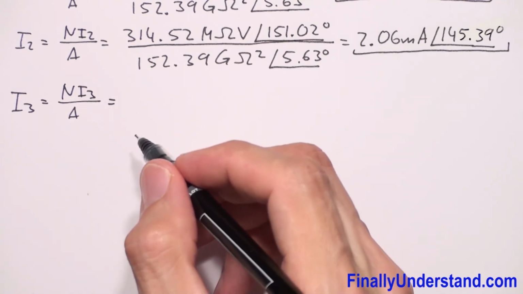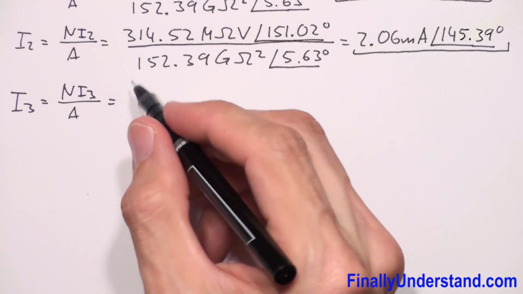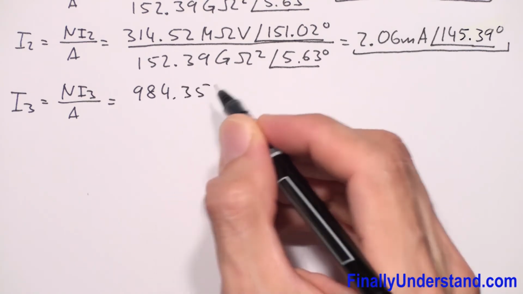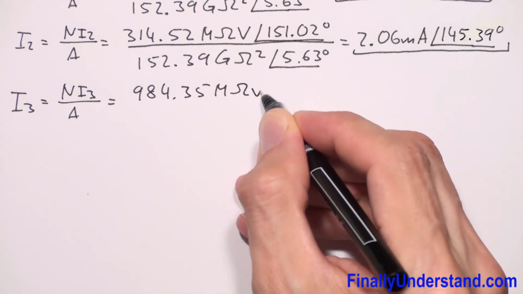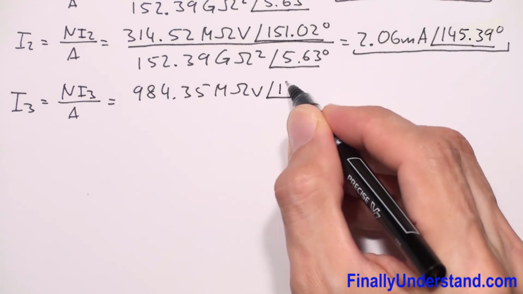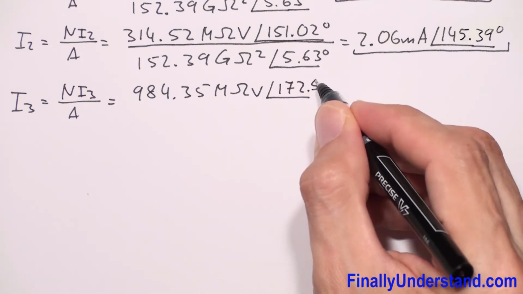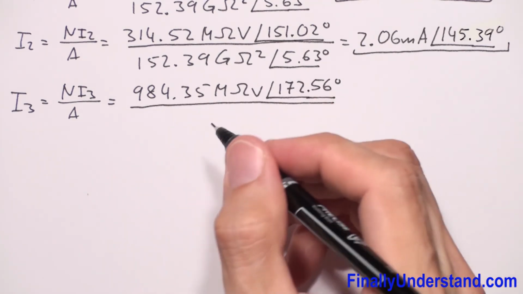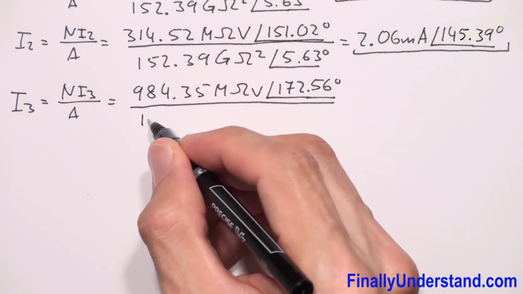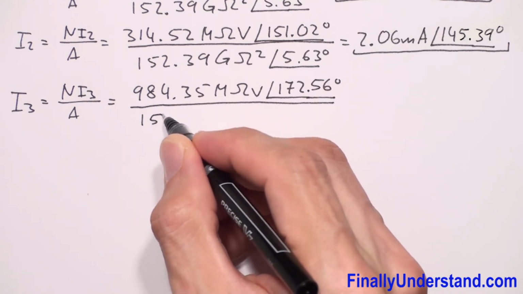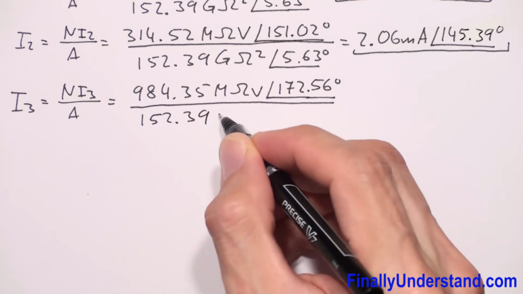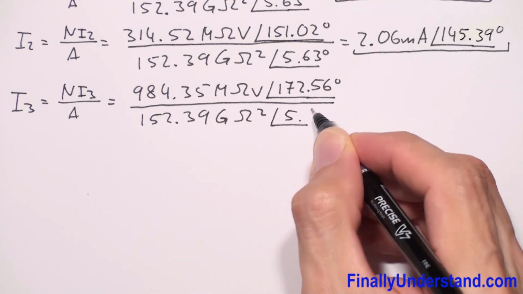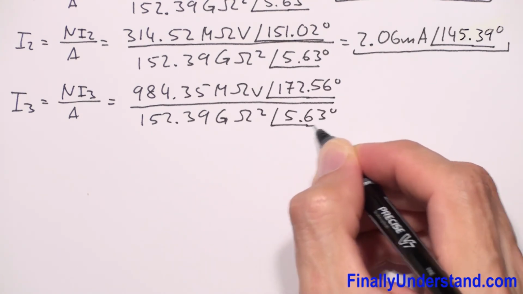NI3 we found is equal 984.35 mega ohm volt and angle of 172.56 degrees over delta, which is equal 152.39 giga ohm square and angle of 5.63 degrees.